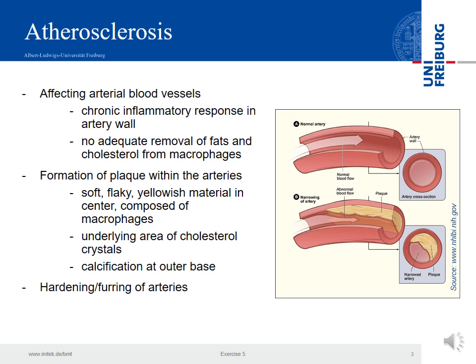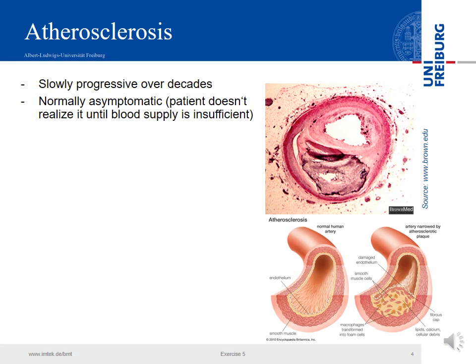That means it's harder for the blood to go through. The reason for that is, of course, in some cases unhealthy behavior: eating too much fast food, not moving, smoking too much, things like that.